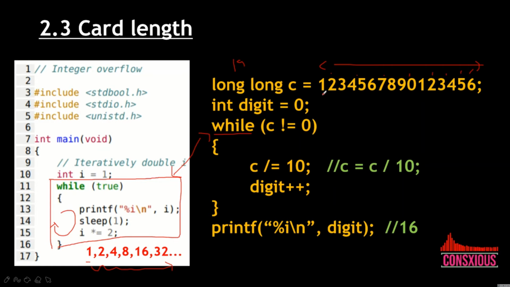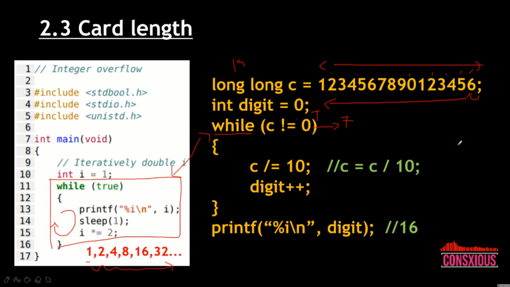C is actually a very long number, and we try to shorten it until the condition becomes false. So we have to keep dividing this number into a smaller one. While it's not equal to 0, C will always be divided by 10. So the long expression is C divided by 10, and the digit plus plus.